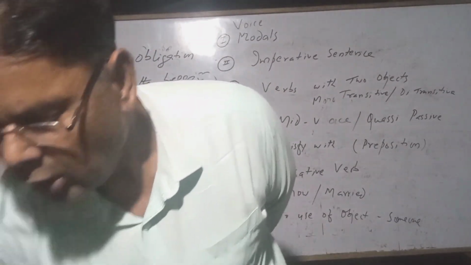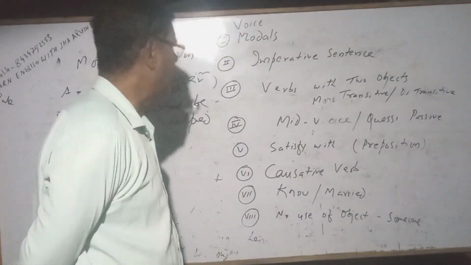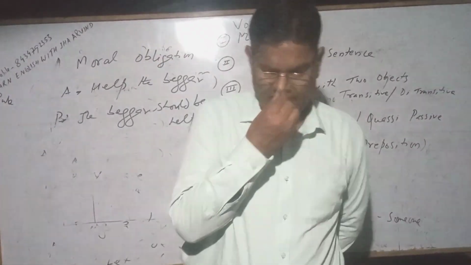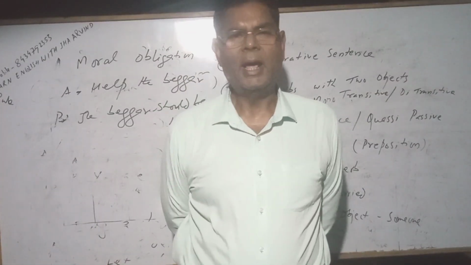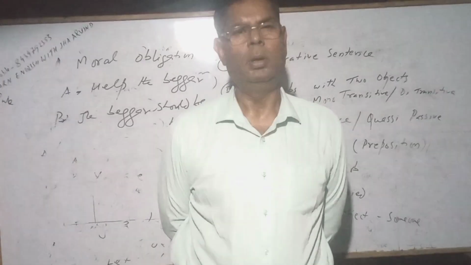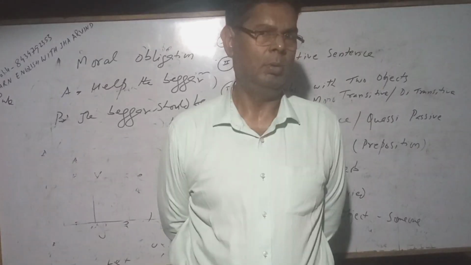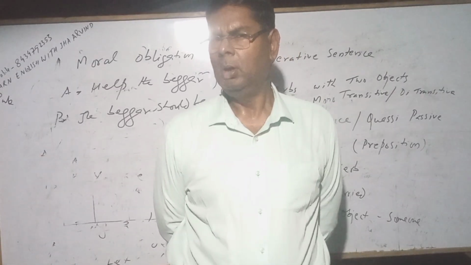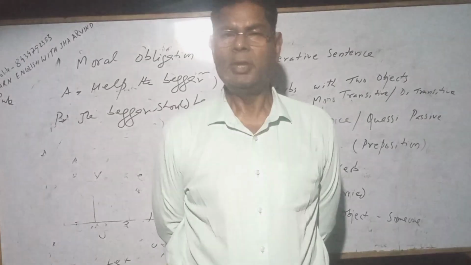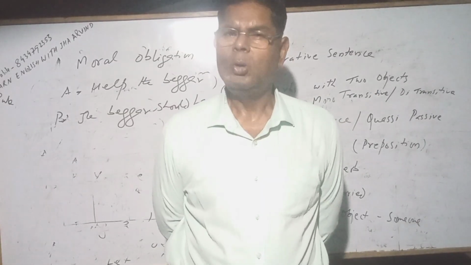Okay, so now I'm just going to teach you further part of voice. One thing you should know that there are some verbs which are transitive, but these are also called monotransitive verb. What is monotransitive? The verb which requires a single object is called monotransitive.